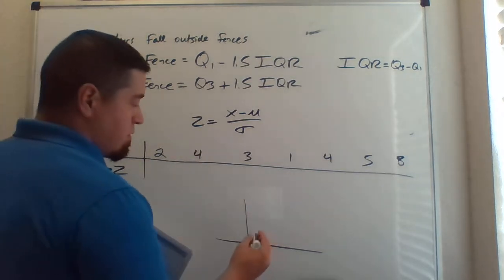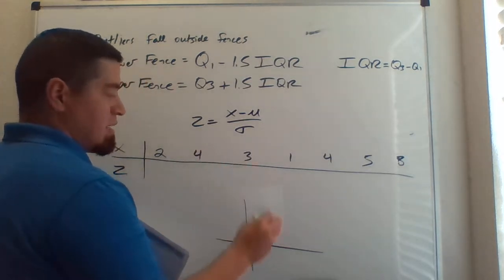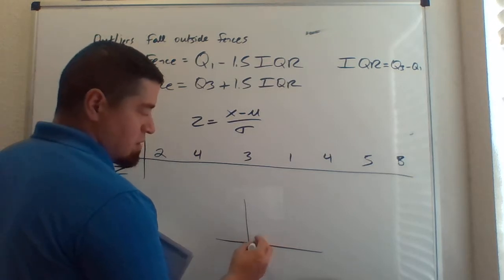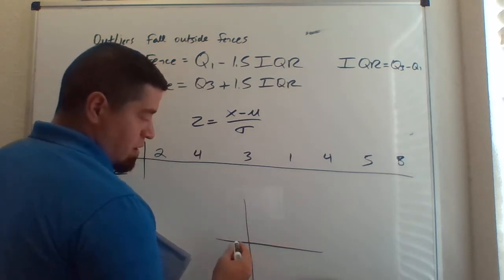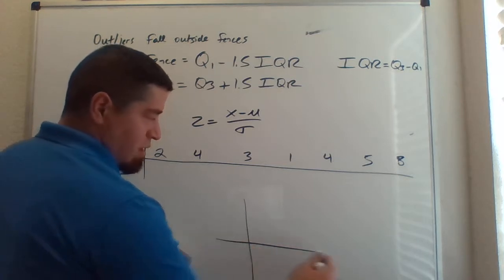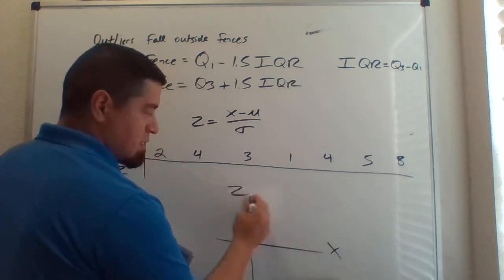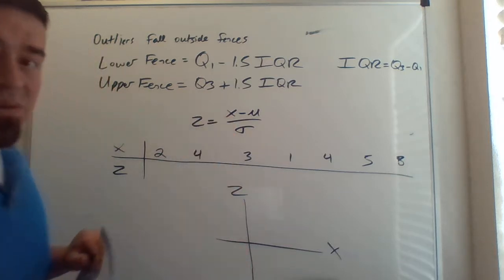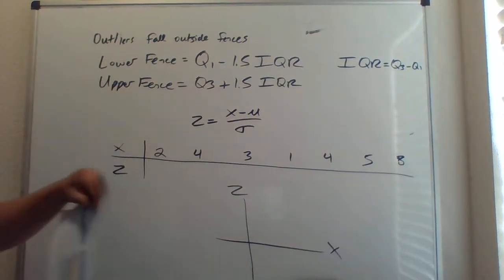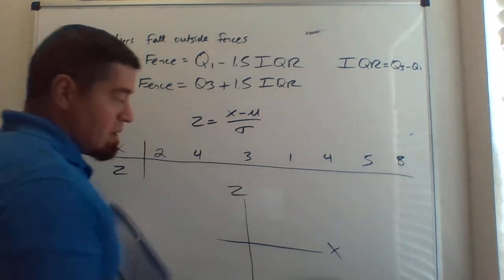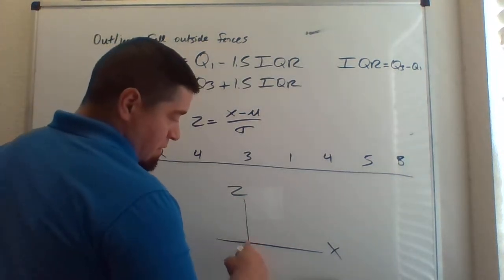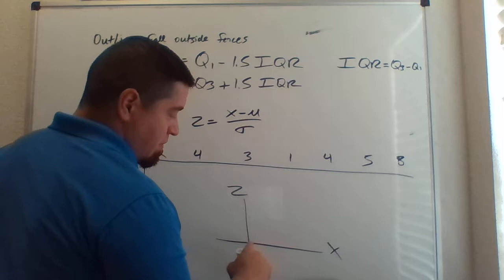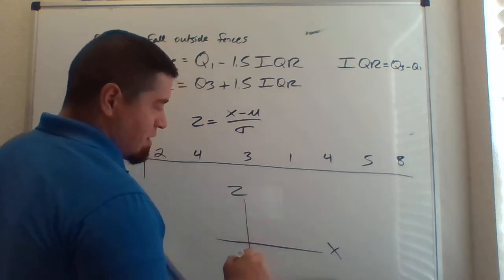But what I'm looking for is, if I want to know if this data set of siblings is normally distributed, what would I want? If this is the x-axis, this is the z-axis. Remember what z-scores are: z-scores are how many standard deviations above or below the mean something is. So if right here is 0, what do I really want?